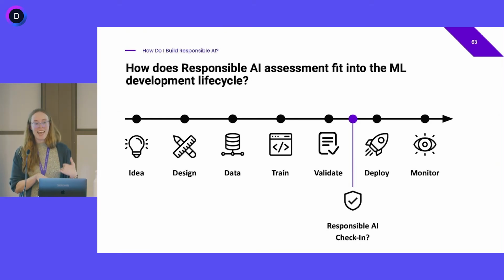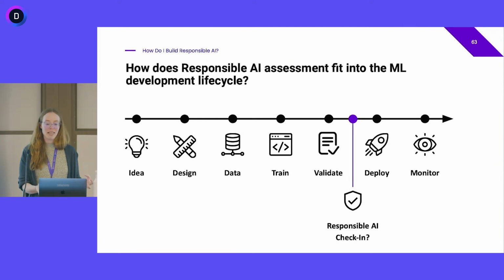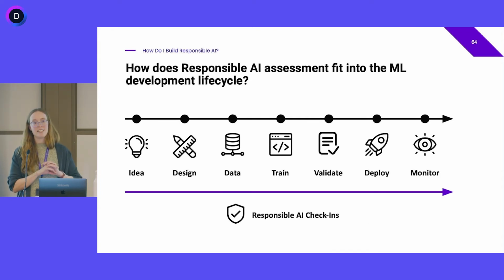So the way to get out of this trap where you can't really achieve much by doing your responsible AI check-in at this step, where you can't really walk back on a lot of those decisions, is to instead integrate these check-ins, these moments of assessment and measurement, throughout the development lifecycle at every single step. And this is completely transformative for the culture of a development team.